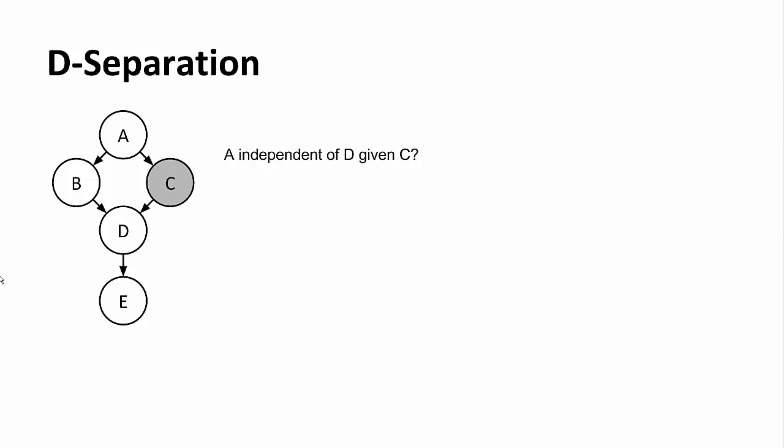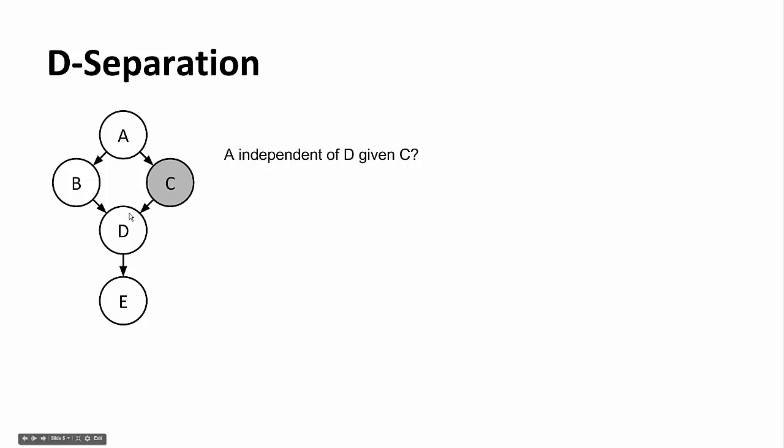Okay, so let's just look at the paths. Well, we look at this triple ABD, and we see immediately that this triple is active. So ABD is an active path right here. And at this point, we already know that these 2 variables aren't guaranteed to be independent, but let's just look at the other path for the sake of it.